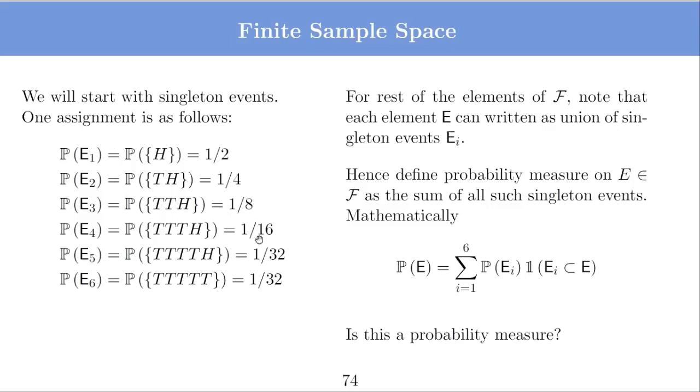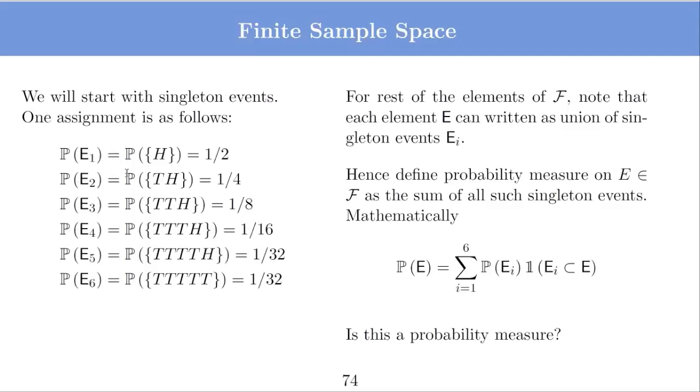Okay, let's assume you take a set of omega which is H and TTH. So this is E1 and this is E3. So the same set H comma TTH can be written as E1 union E3. So you take any set in omega, and it can be written as a union of these Eis.